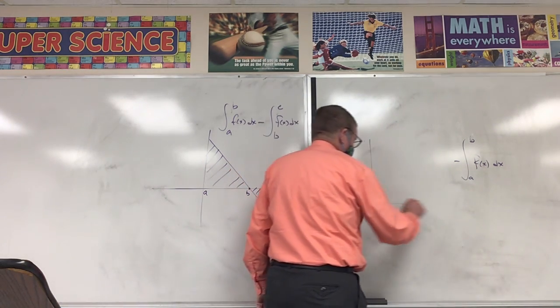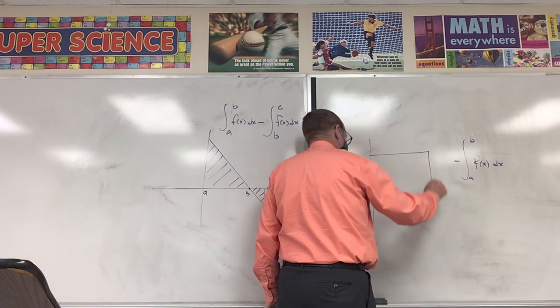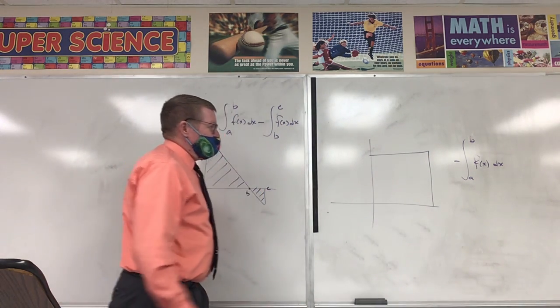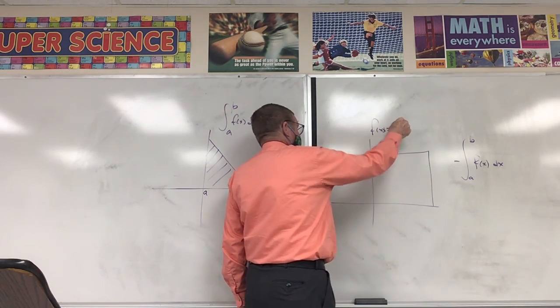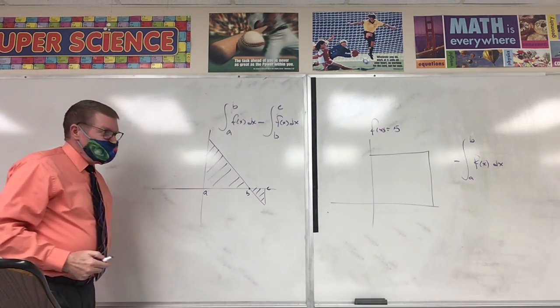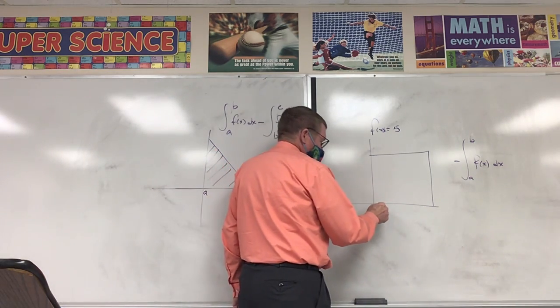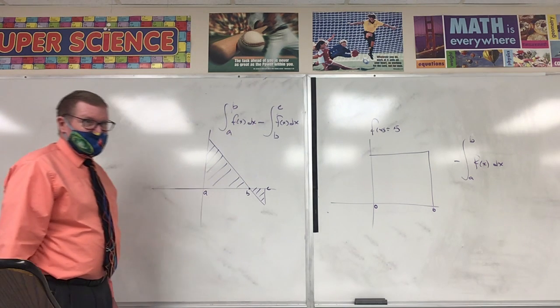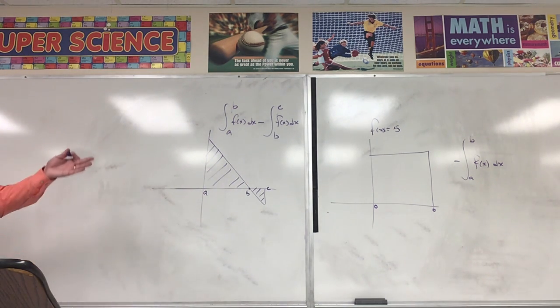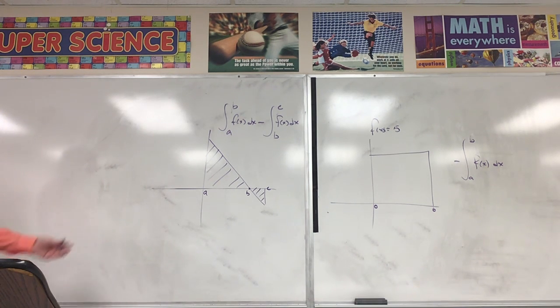If I have a constant here, say f of x equals 5, and I want to find the area from 0 to 6, well, using my area formulas, how do I find the area? Length times width, my length is 6, my height is 5, which is 30.